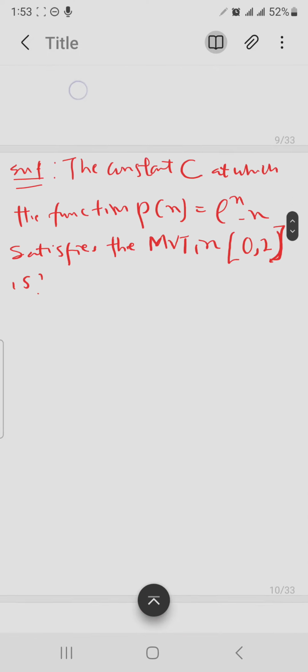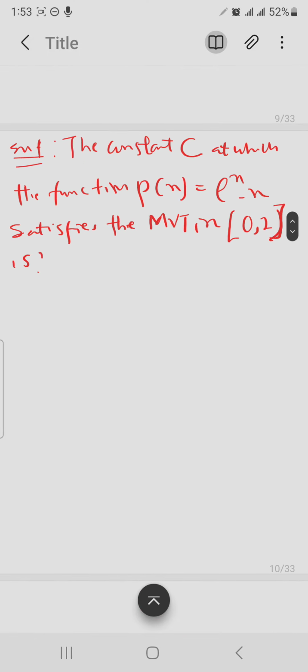So the next example, let's see, I may not finish this, and I hope you've understood what I've been doing before. I may not finish this.